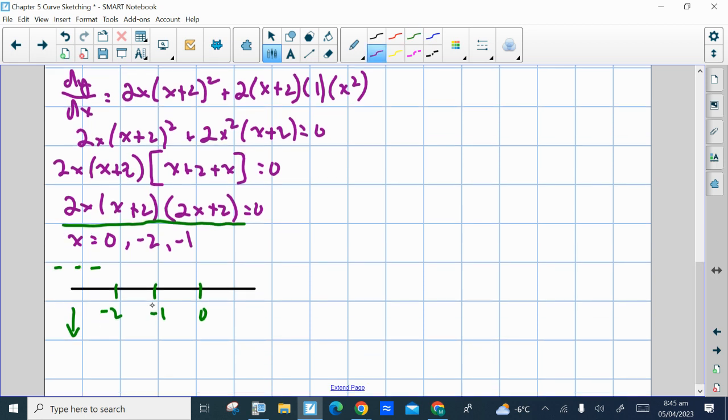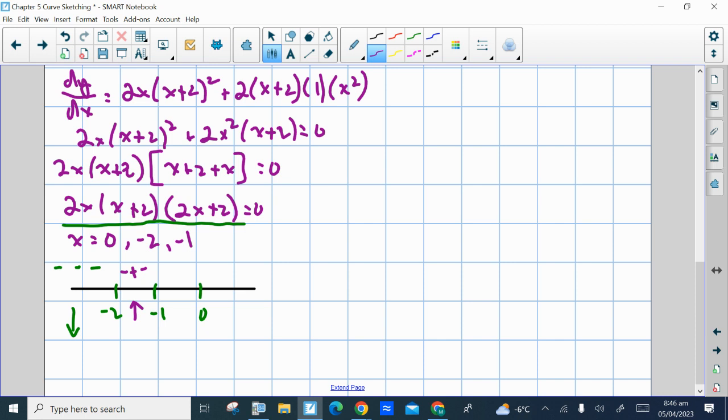So next, what about between -1 and -2? A number like -1.5. The first factor will be negative, the second factor will be positive, and the third factor will be negative. 2 negatives times a positive gives us a positive, so the function will be increasing in that interval.